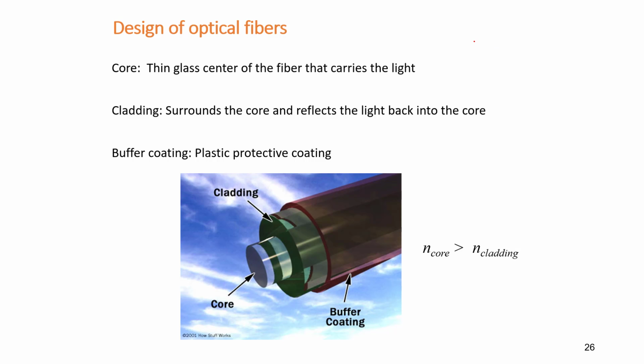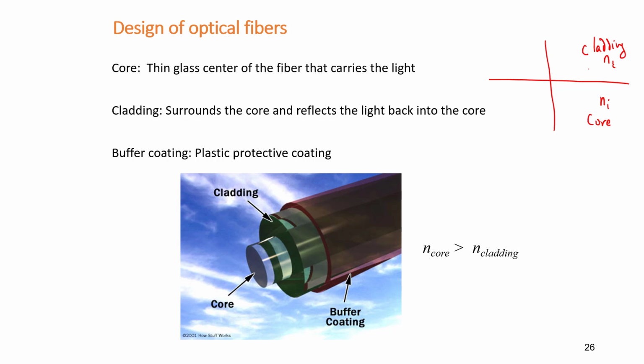The necessary condition for total internal reflection is you need to pass the light from a denser medium to a less dense medium. Okay, so this is the core. So the core needs to be denser. So n I, or n of the core, should be greater than n of the cladding. Cladding is outside.